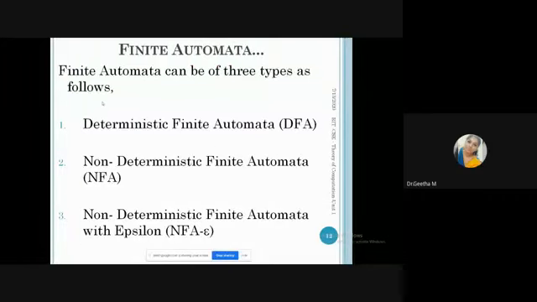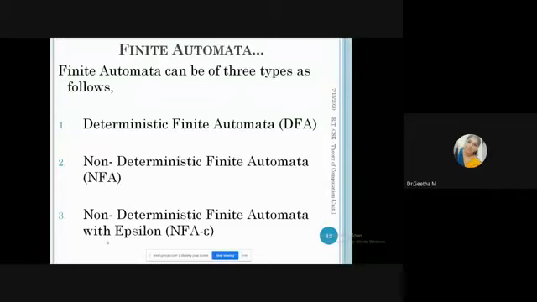I have explained what is finite automata and how it will be functioning theoretically, but mathematically we should know how it will be working and how it can be represented by mathematical models.